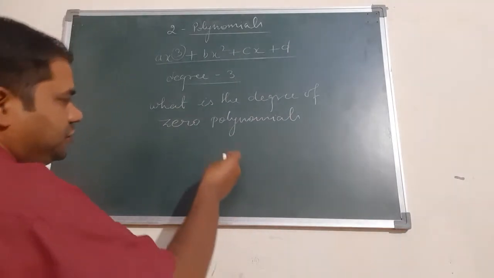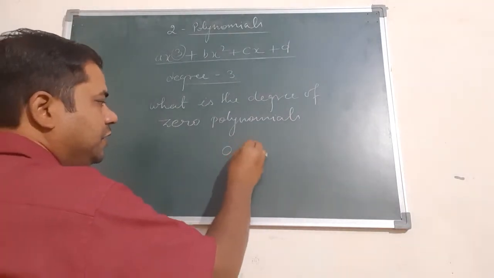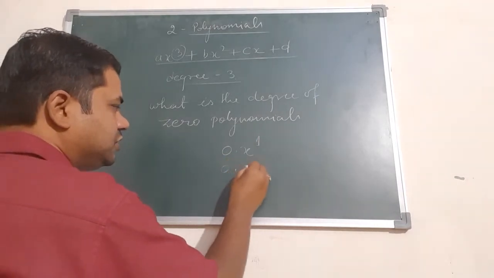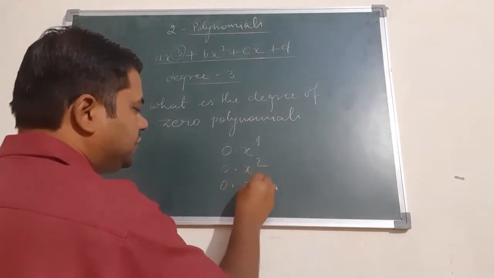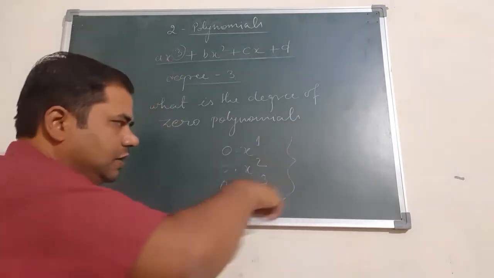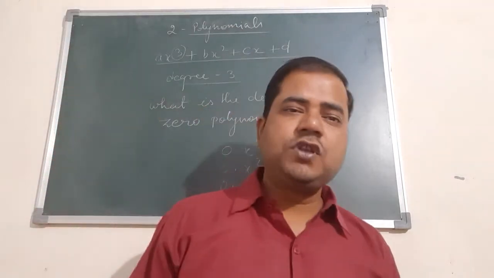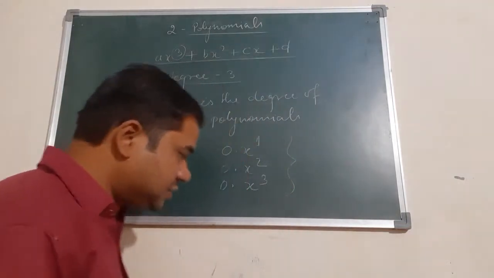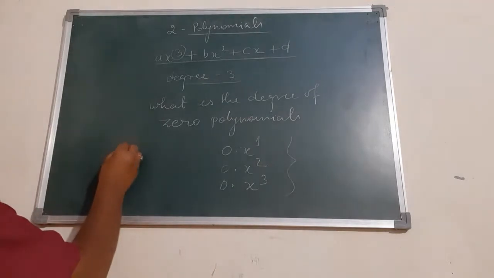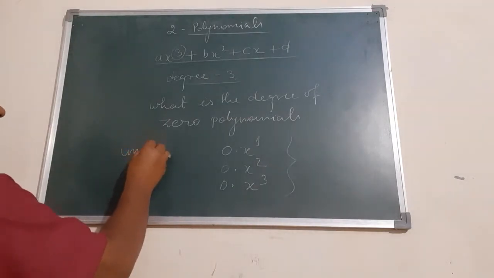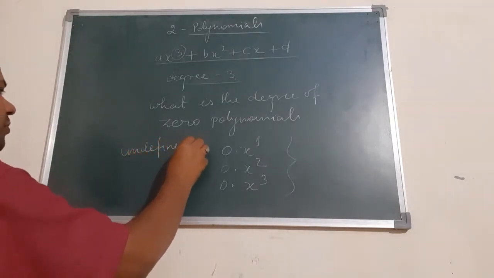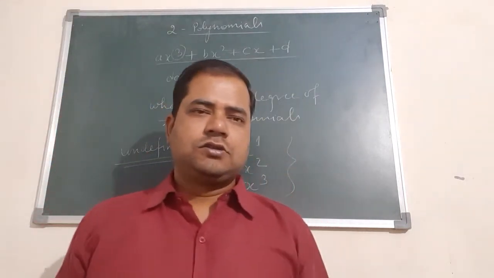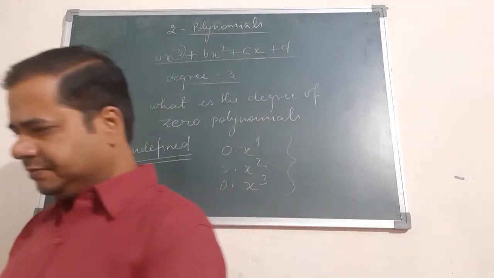Suppose 0 is the zero polynomial, so maybe the degree is 0 times x power 1. Someone says no, this is 2, maybe this is 3. So it is not actually confirmed which one is the degree of the zero polynomial. That's why we can say in mathematical language the degree of the zero polynomial is undefined. The degree of the zero polynomial is undefined. Okay, so note it down.